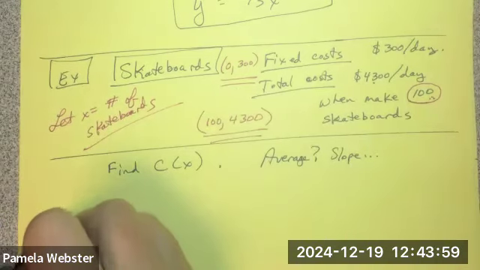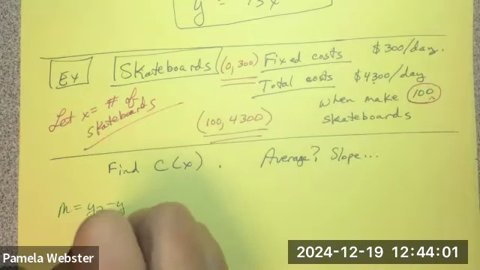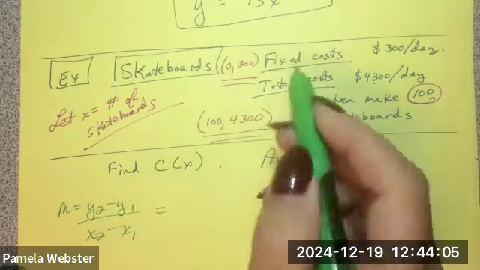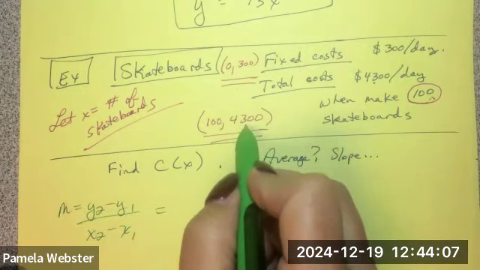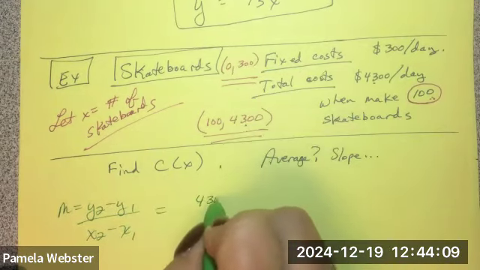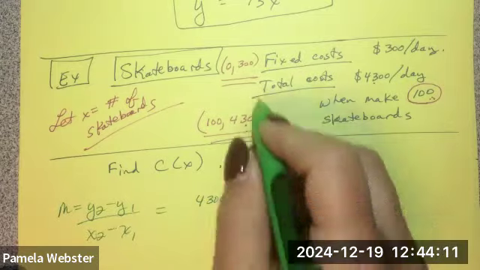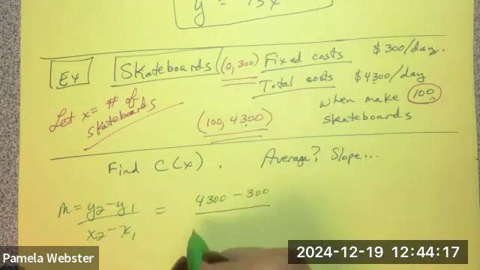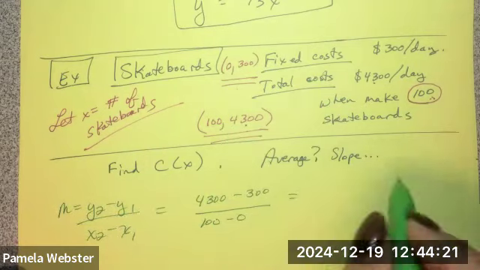Again, m equals y2 minus y1 over x2 minus x1. I'm going to pick this one for my x2 because that way I can do 4,300 minus 300 on my y values on the top, that'll give me a positive number. And on the bottom, I can do 100 minus 0, and again, that'll give me a positive number.